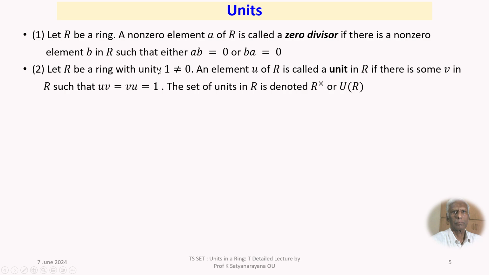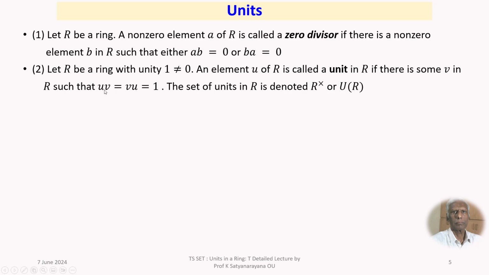Unity is the identity element. Unit is different. So an element U of the ring R is called a unit of R, or unit in R, if there is an element V in R such that the product UV is equal to VU is equal to 1, then U is said to be a unit.